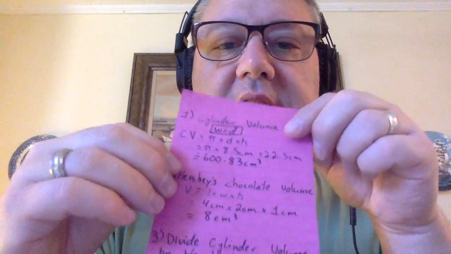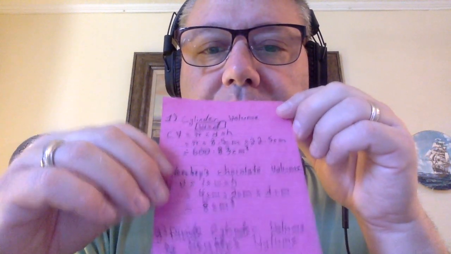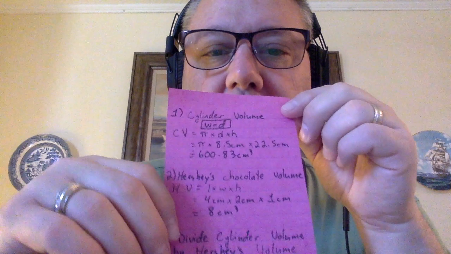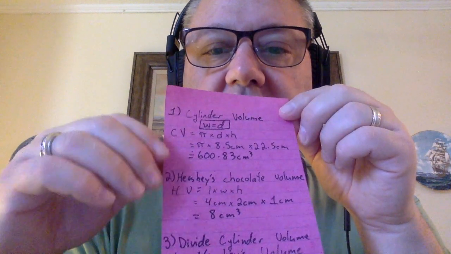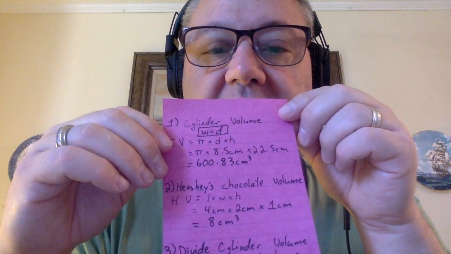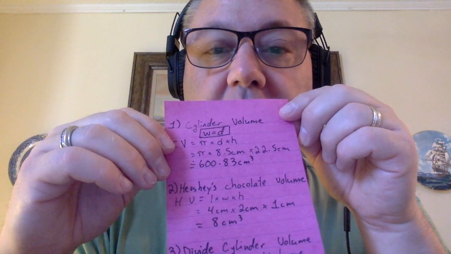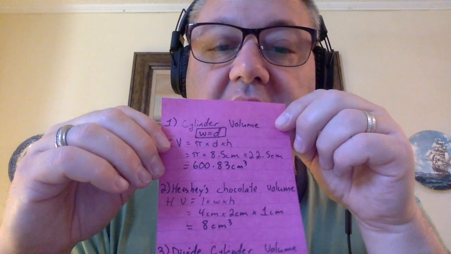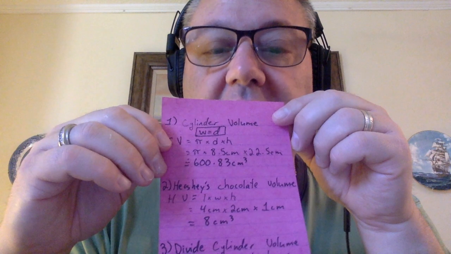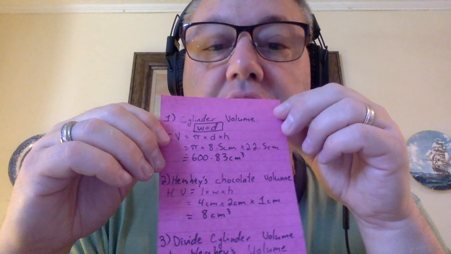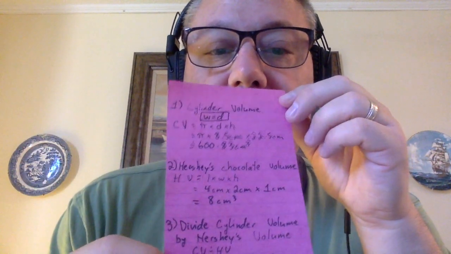Pi is equal to 3.14, and we multiply that by 8.5 centimeters, which is the diameter, then 22.5 centimeters. When you multiply that together, and I would expect you to use a calculator, you would get 600.83 cubic centimeters.